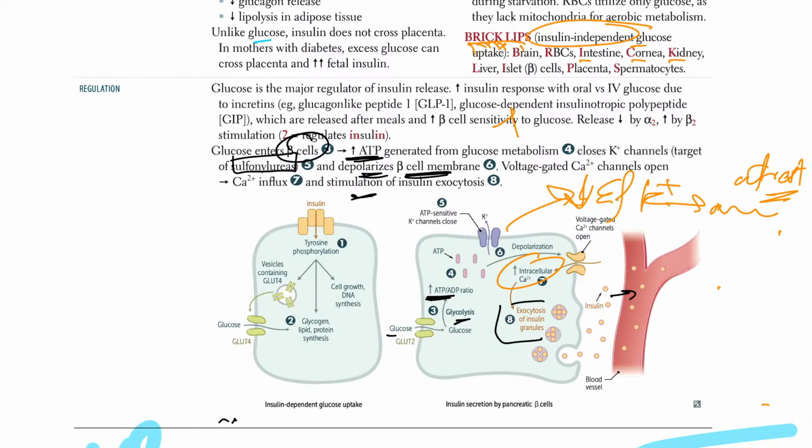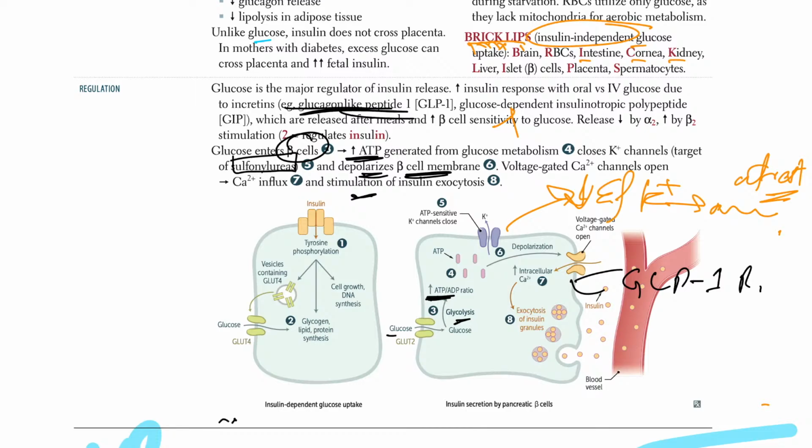Now, one important point is about GLP-1. Let me write this down here. GLP-1 receptor. There's a receptor on the pancreatic beta cell for GLP-1, glucagon-like peptide 1.